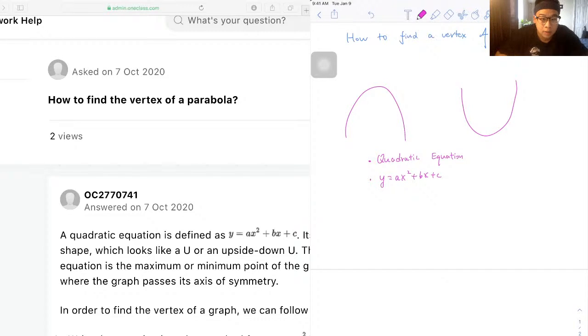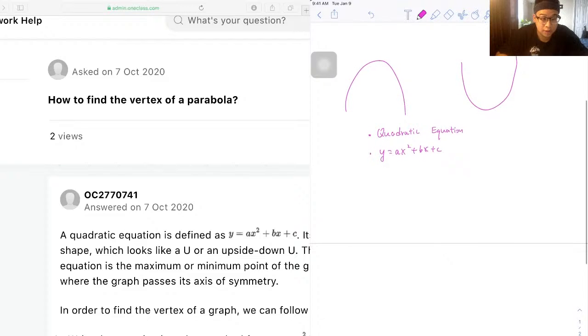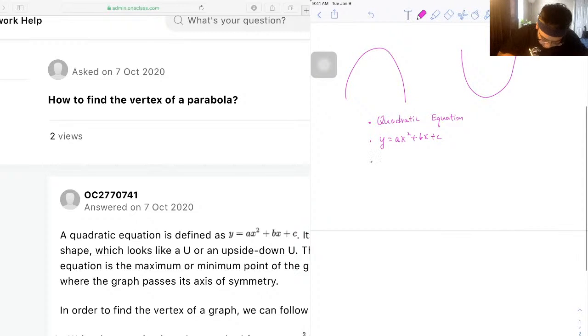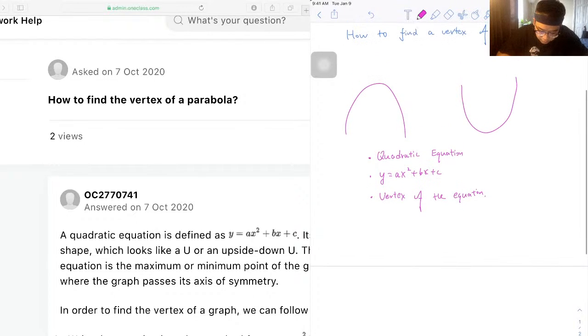Right. So this graph has a parabolic shape, which looks like a U or an upside down U, and the vertex of the equation will be either the maximum or the minimum point of the graph.